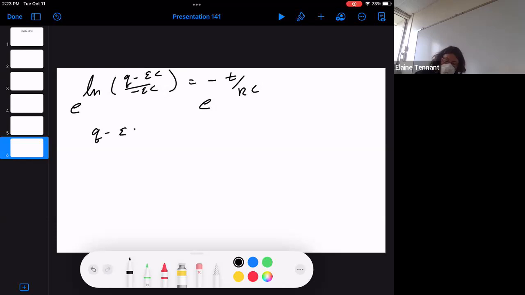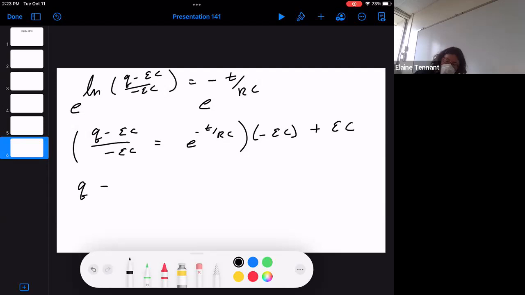So we have (Q minus EC) over negative EC equals e to the negative t over RC. We will multiply both sides by negative EC, and then we'll add EC to both sides.